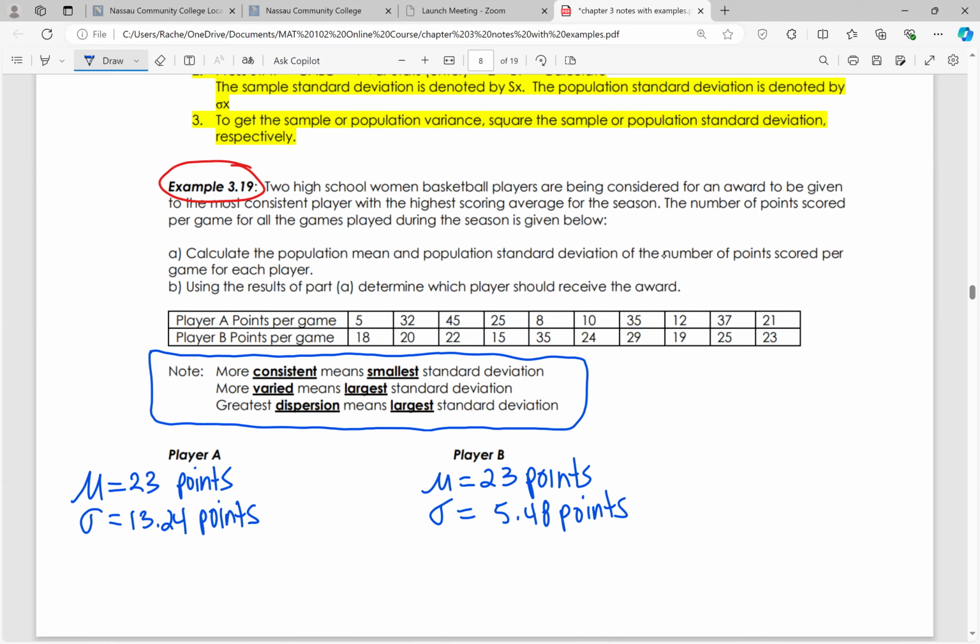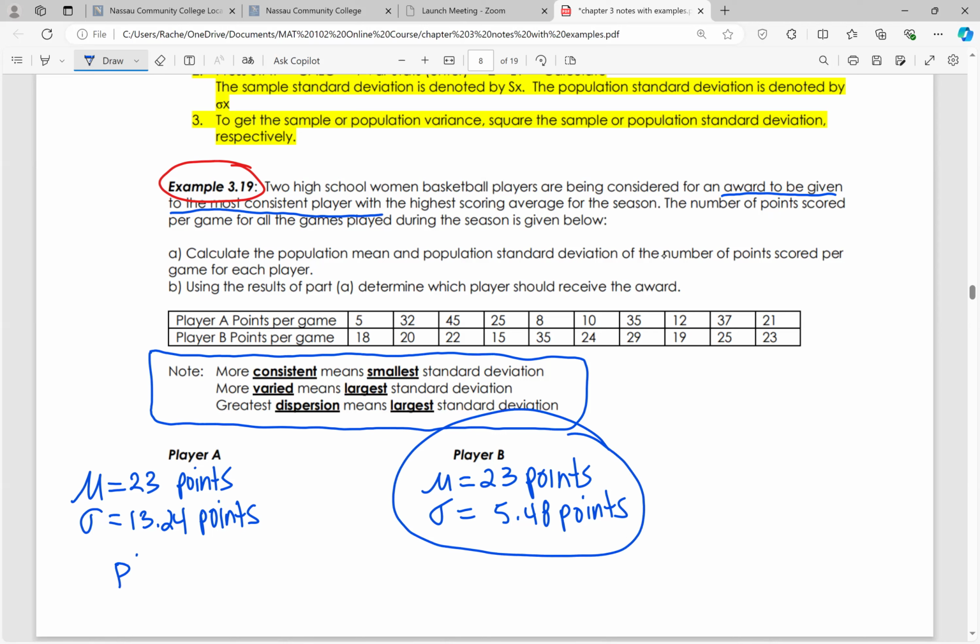So now this award is going to be given to the most consistent player with the highest scoring average for the season. Notice both of these players had the same average. They score about 23 points on average. However, which player is more consistent? In other words, which player has the smaller standard deviation? That's going to be player B. So player B is more consistent.